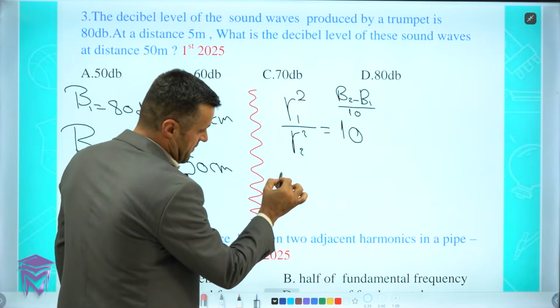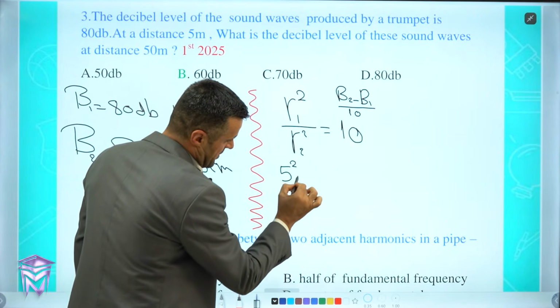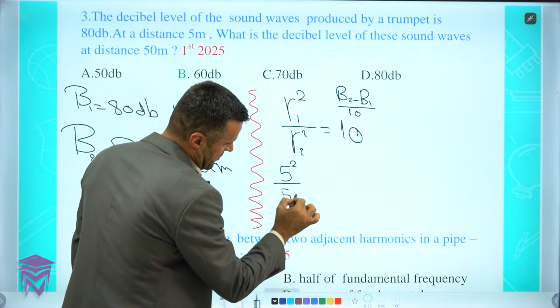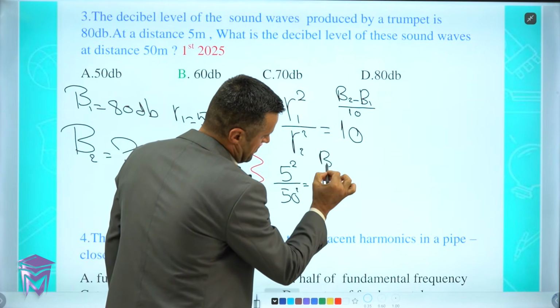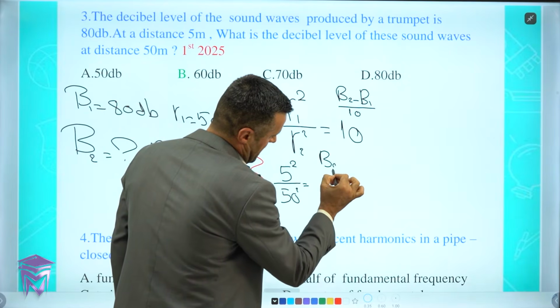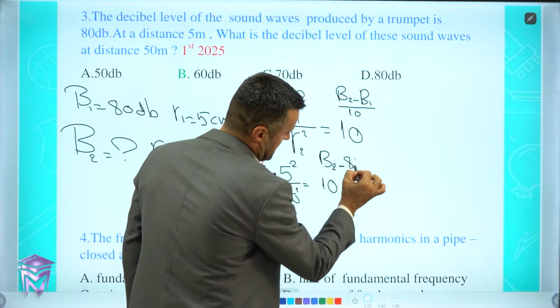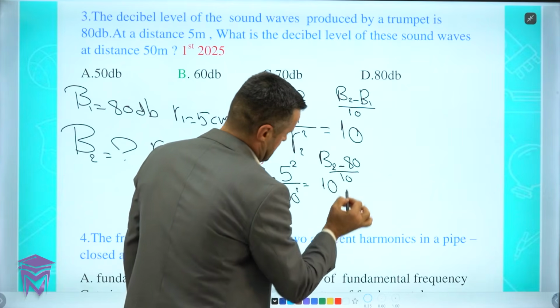So 5 squared over 50 squared equals 10 power (B2 minus 80) over 10.